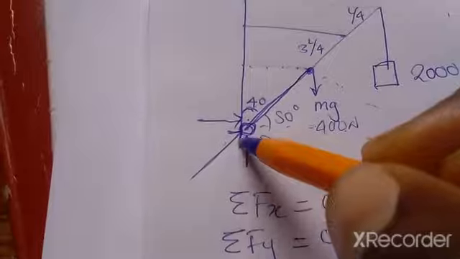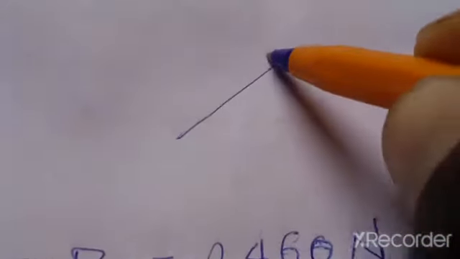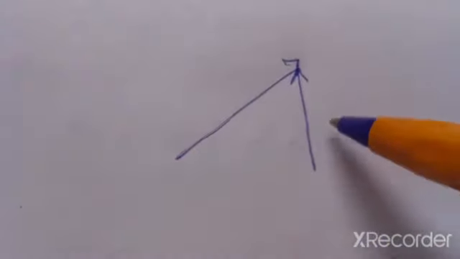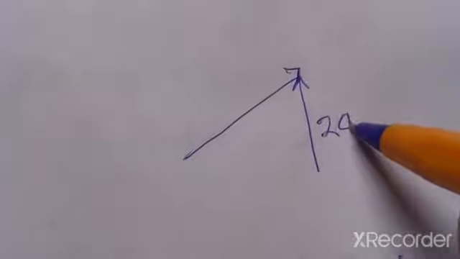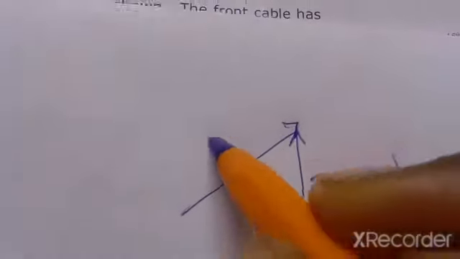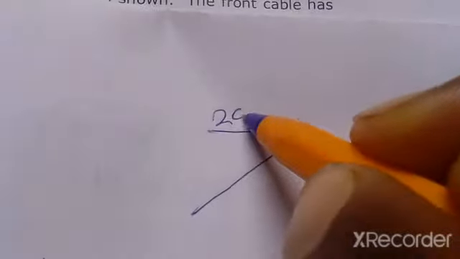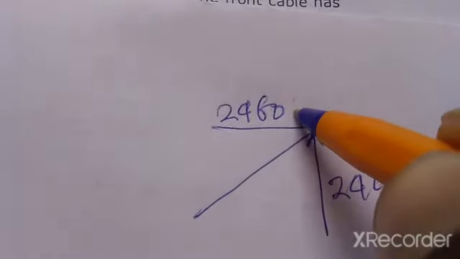Definitely that means, okay, let me put it here. It's like the force is here. Okay, then we have this force which is 2400 newtons, and we have another force which is 2460 newtons. These are the two forces.